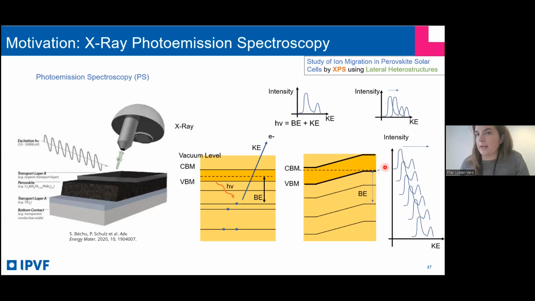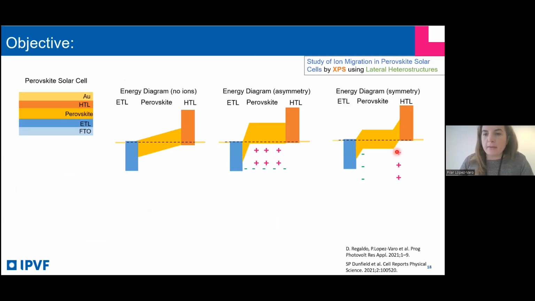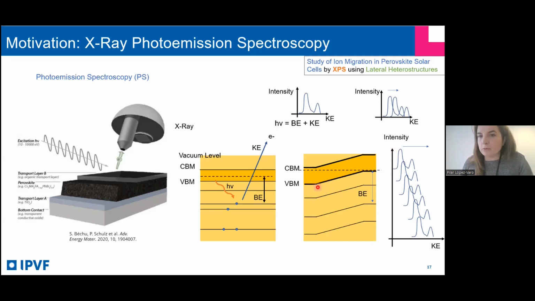And also we can say, okay, here we have more, depending on the intensity and the thickness and the width of the Gaussian, we can distinguish if we have more or less concentration of this element. And if we are able to characterize this, with this technique we can evaluate this profile.